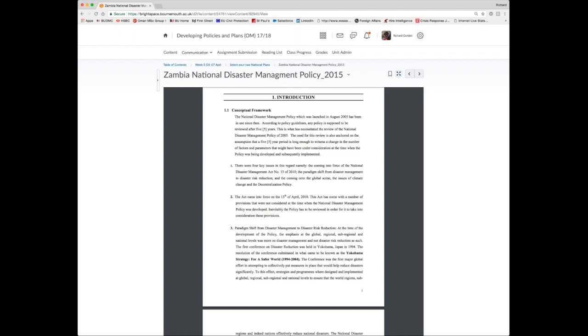From the perspective of this document, which outlines the National Disaster Management Policy, they go to great lengths to outline a conceptual framework to understand both the acts that need to be looked at and the key policy dynamics and aspects that might need to be included. So part of their introduction is that they've outlined a conceptual framework as to how the policy will inform a plan.